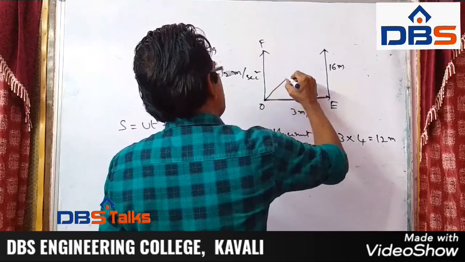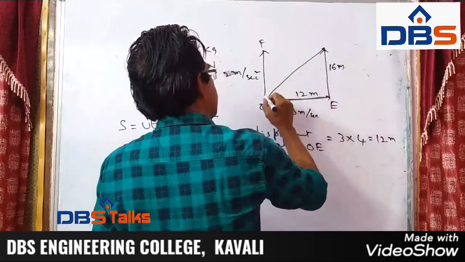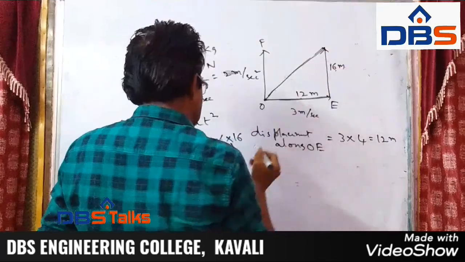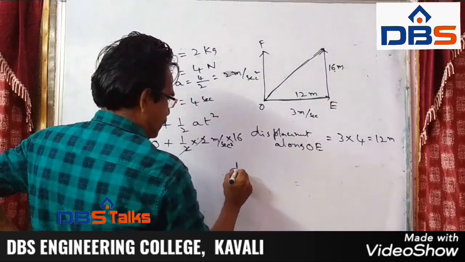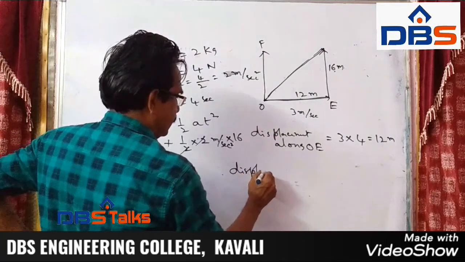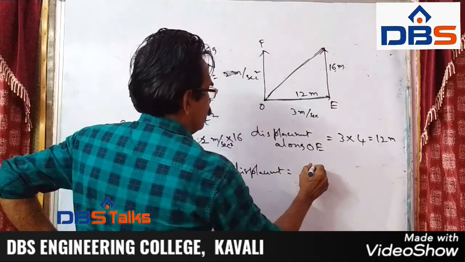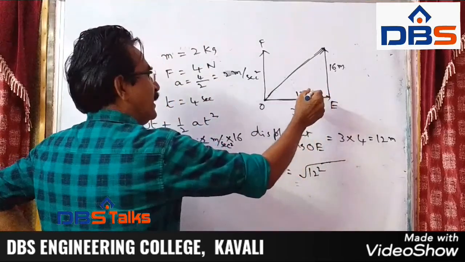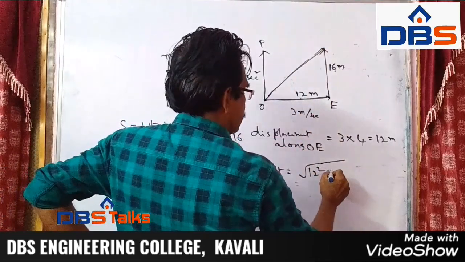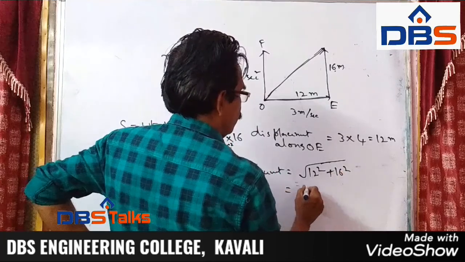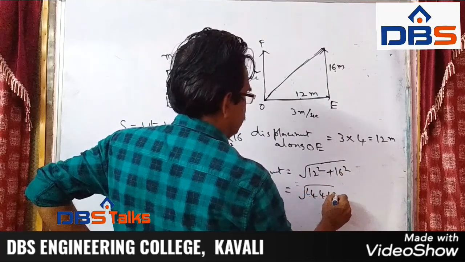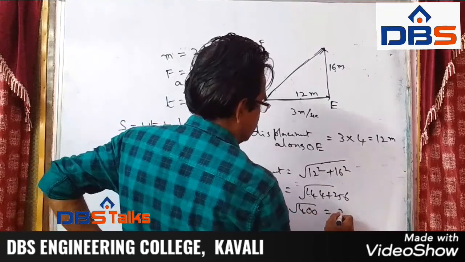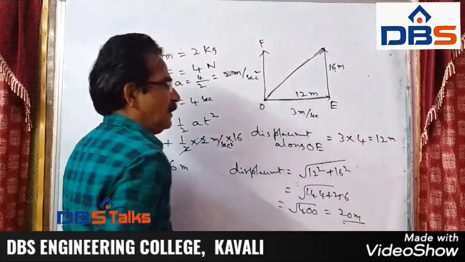Now the net displacement of the body is equal to root of 12 square along OE plus 16 square perpendicular to OE, root of 144 plus 256, that is equal to root of 400 meters, that is equal to 20 meters.